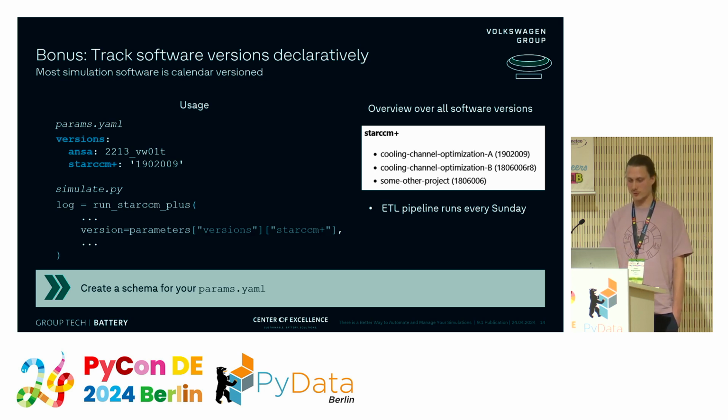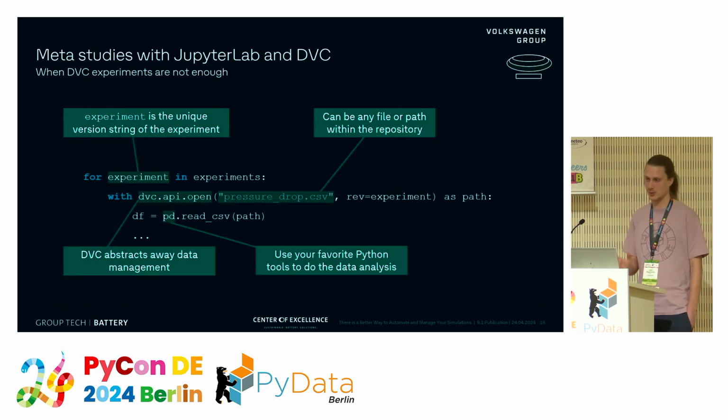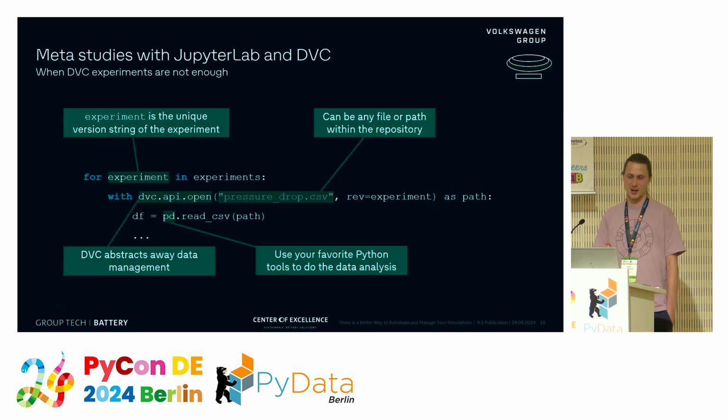So, but what if those things are not enough? Then you can do meta studies with Jupyter Lab and DVC. So I've brought you a little snippet of Python code. In our experiments variable are all the unique strings for all the experiments, and we iterate over that. And then we use the DVC API, the Python DVC API, to open here the pressure drop.csv with this specified revision.